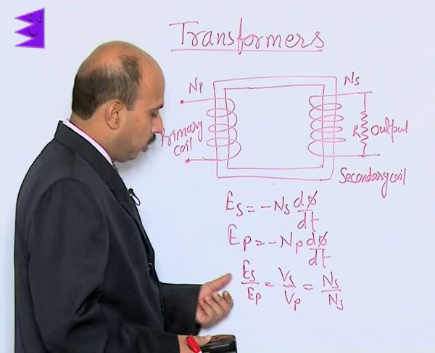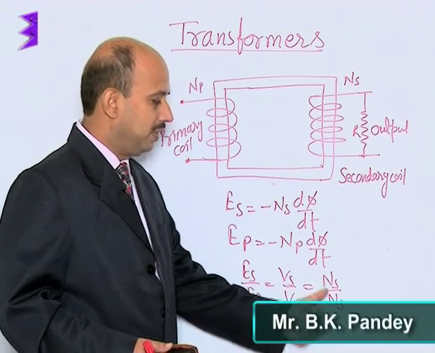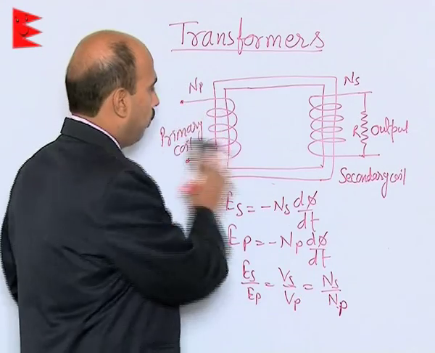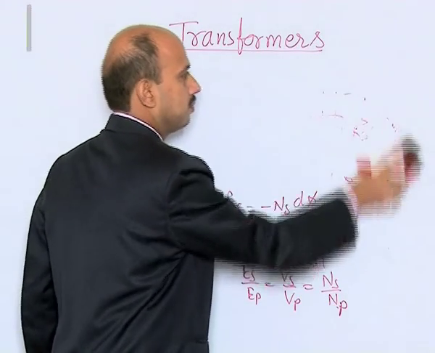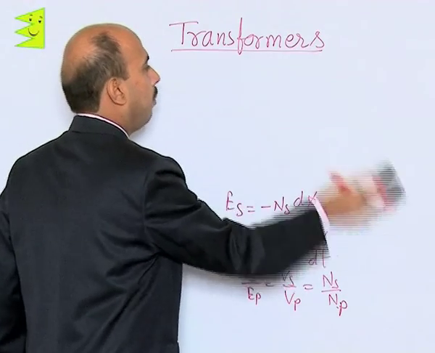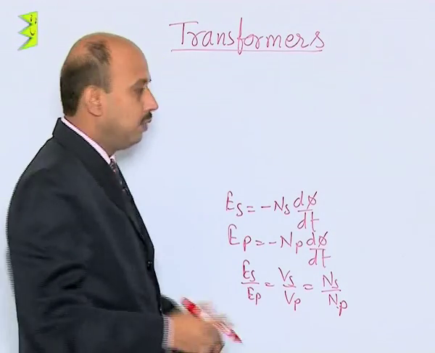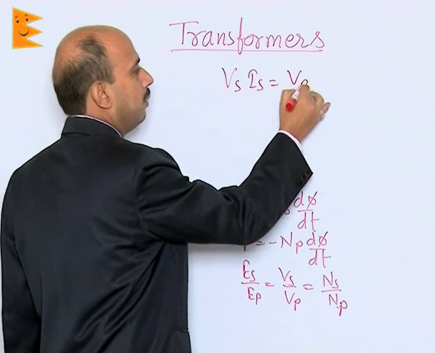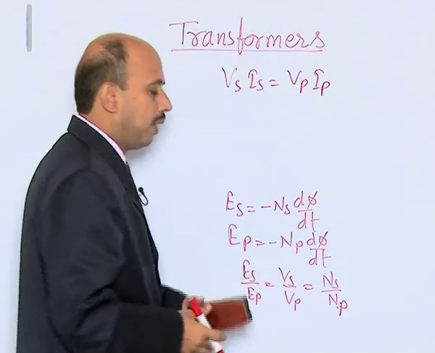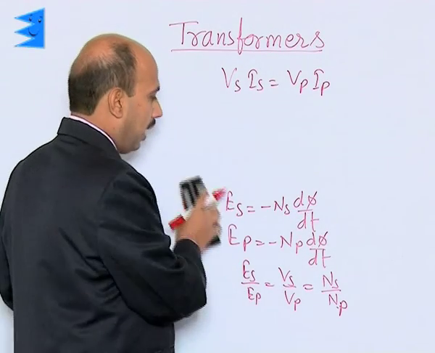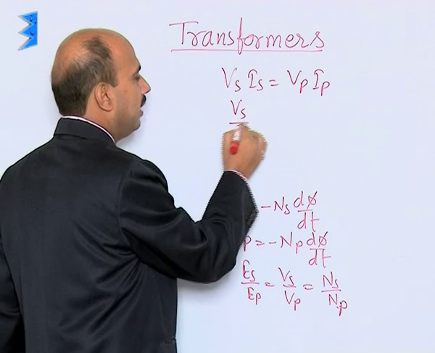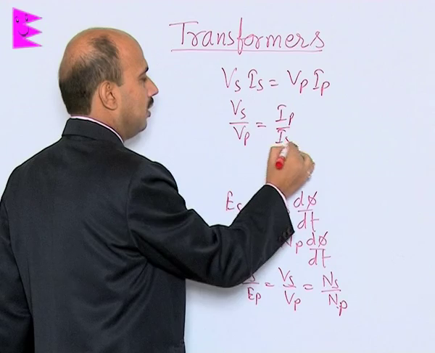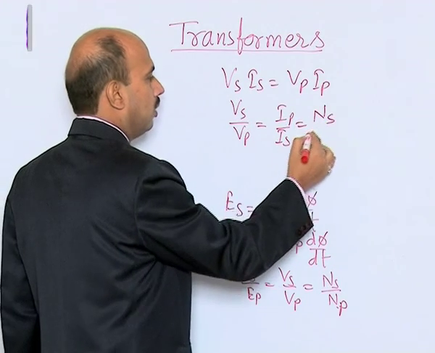Now we have Es/Ep = Vs/Vp = Ns/Np, and if there is no power loss in the circuit, then Vs Is = Vp Ip, that is input power is equal to output power. Now from here we can write Vs/Vp = Ip/Is = Ns/Np.